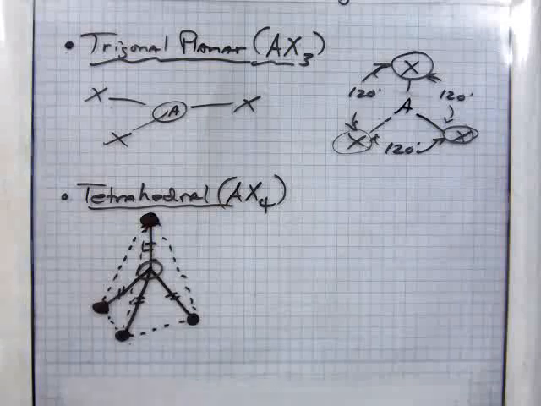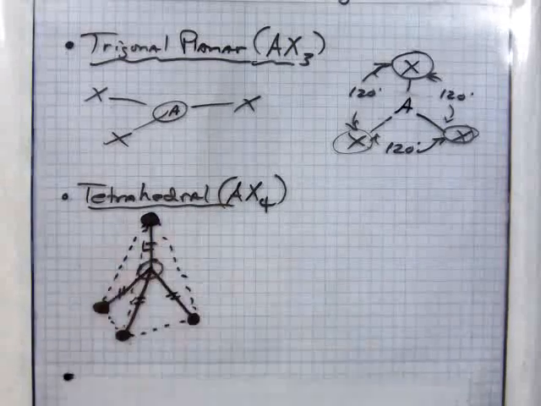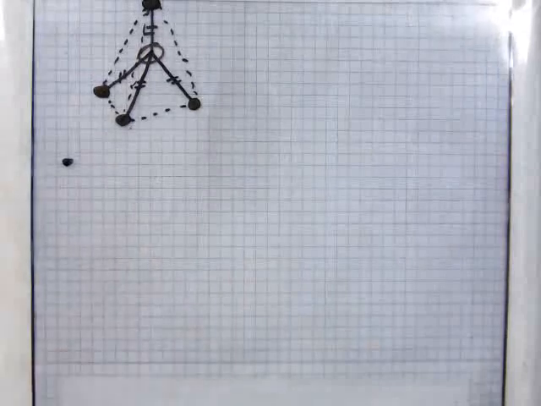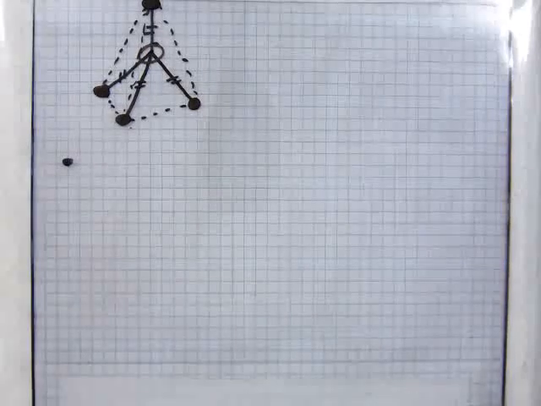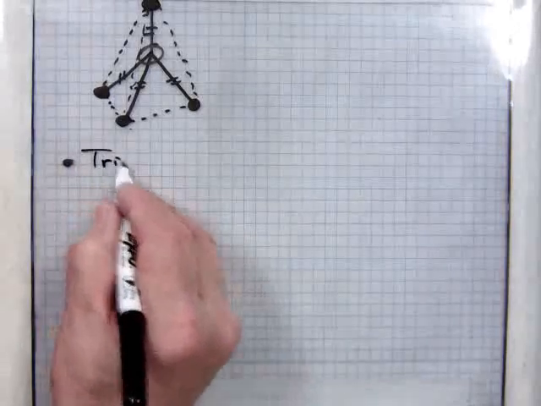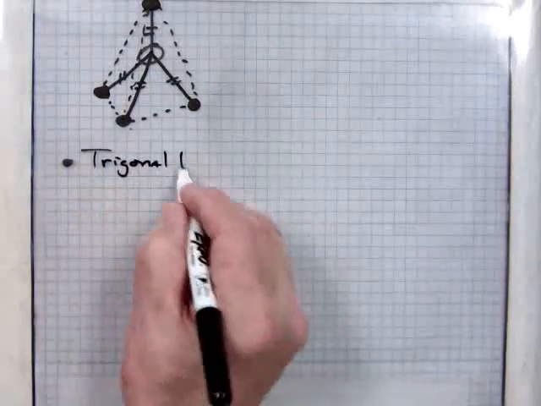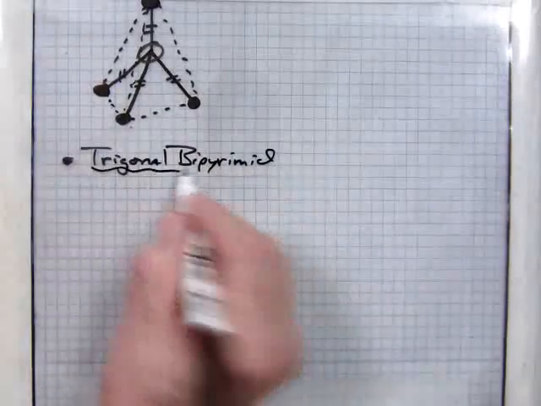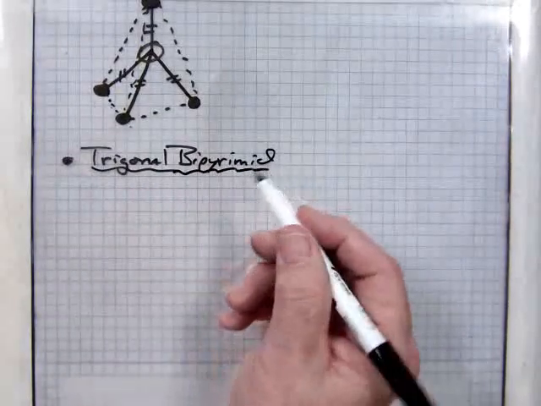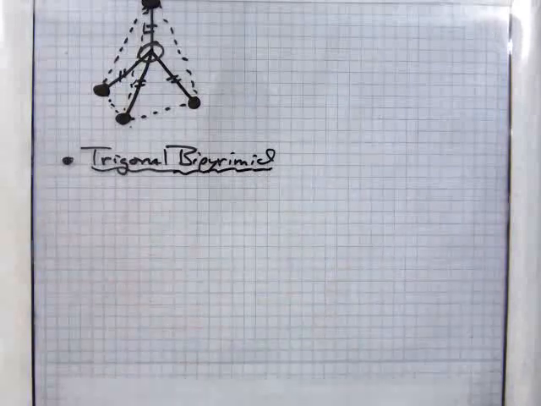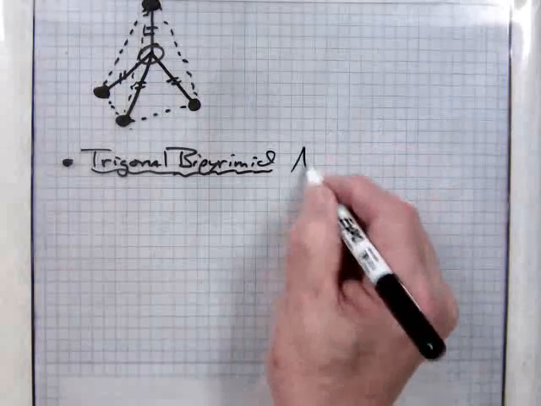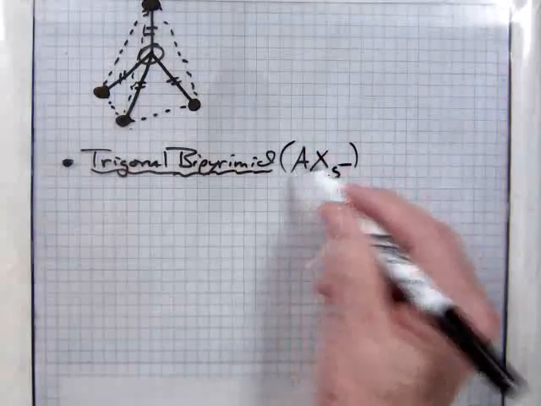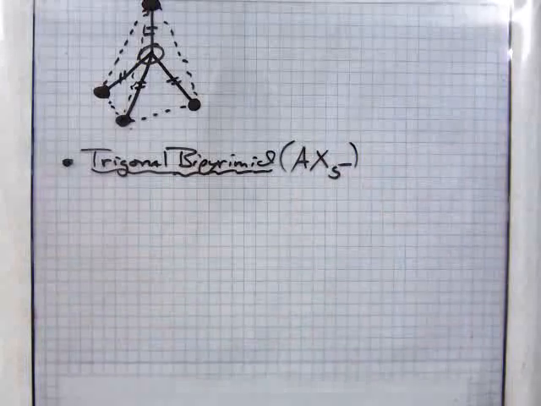And so, going past the tetrahedral group, we run into what we call a trigonal bipyramid, or trigonal bipyramidal geometry, some people say. And it is an AX5. And you can see real quick that 5 attachments to the central element violates the octet rule.